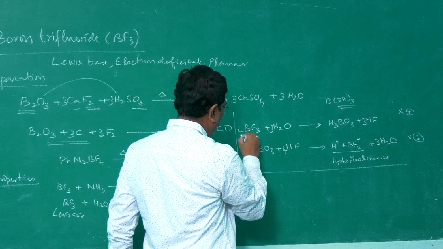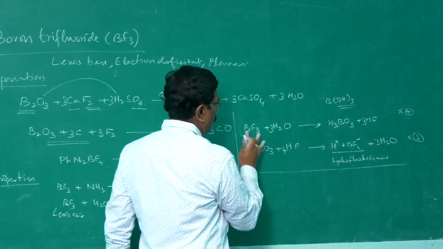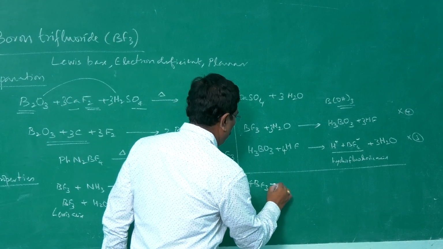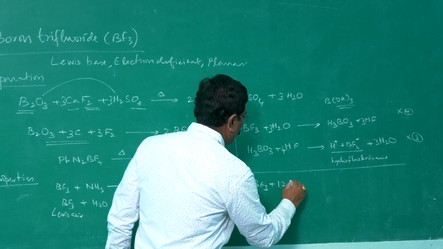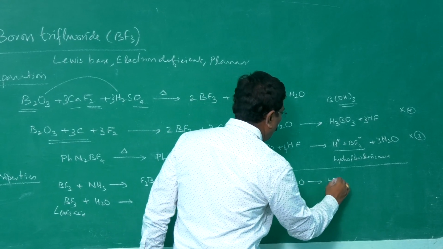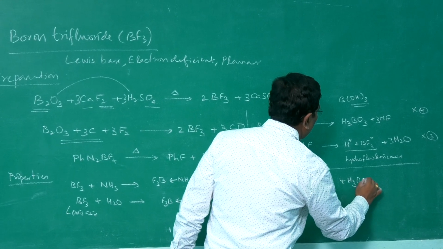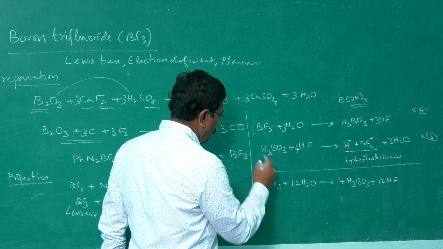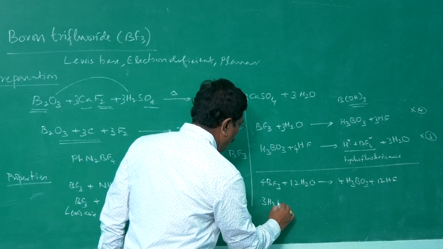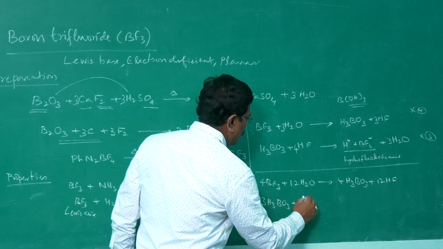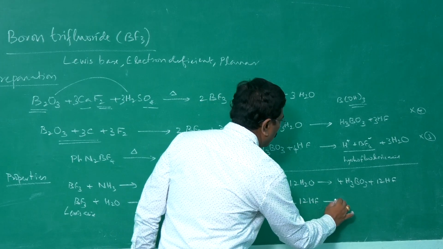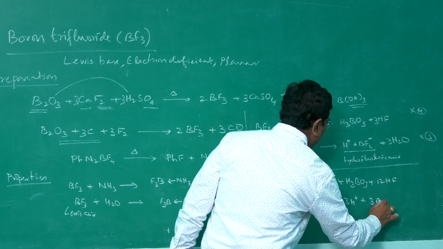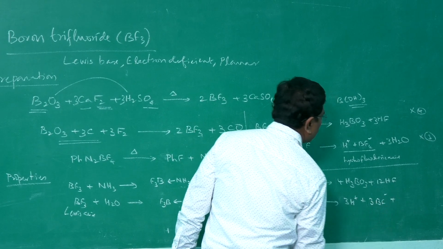Therefore, let me write at the bottom, 4BF3 plus 12H2O gives 4H3BO3 plus 12HF. Here if I multiply by 3, 3H3BO3 plus 12HF gives 3H plus 3BF4 minus plus 9H2O.